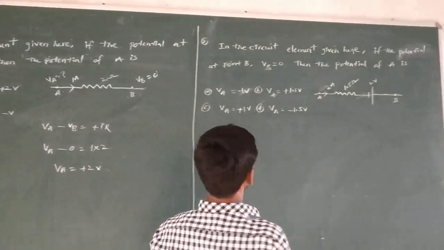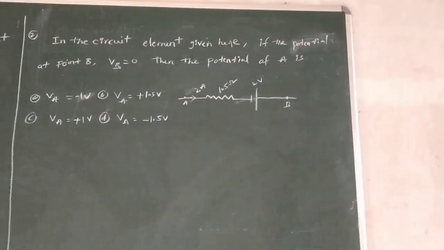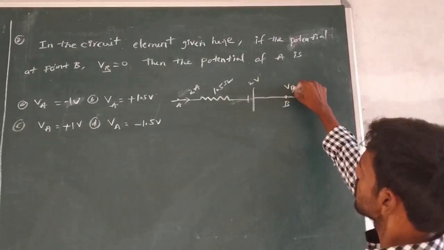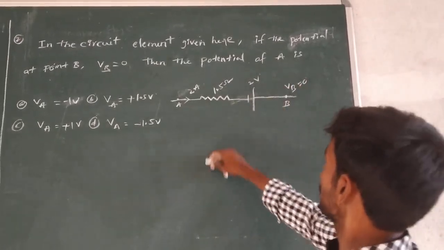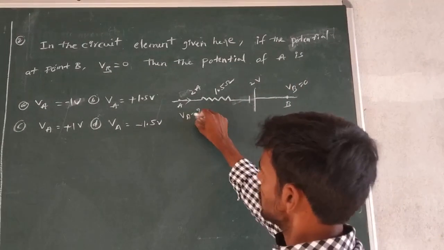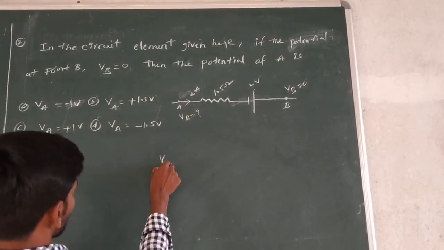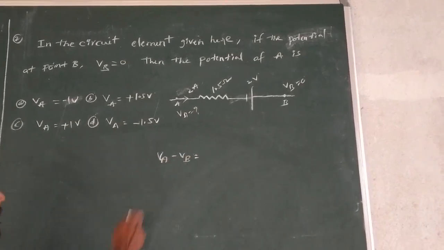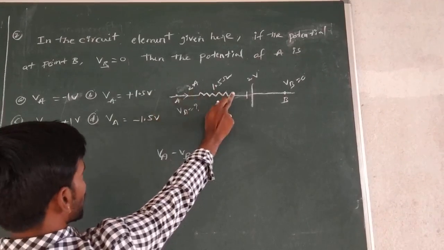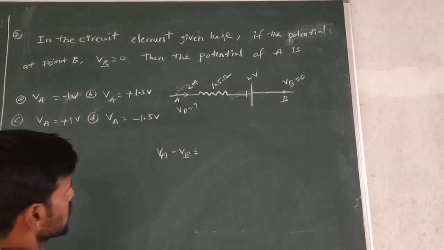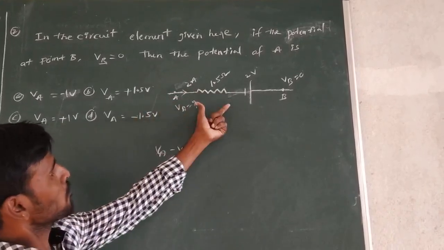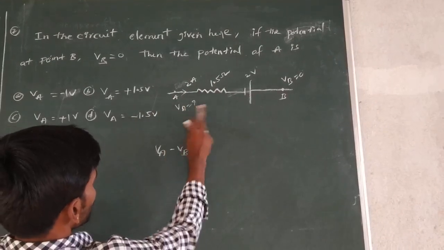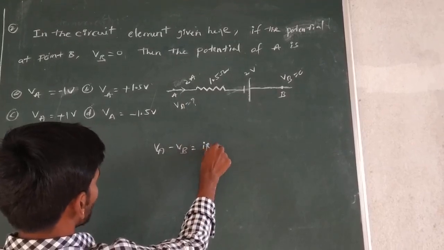Next diagram: in the circuit element given here, if the potential at point B, VB, is equal to 0, then VA is equal to what? VA minus VB: based on the sign convention, going from higher to lower potential, your potential has dropped, and that represents a positive. Lower to higher represents a negative.